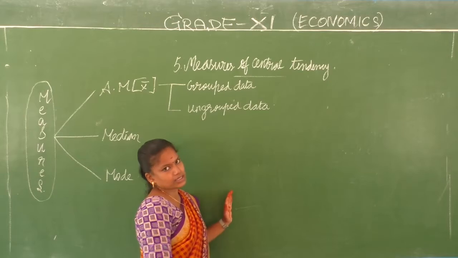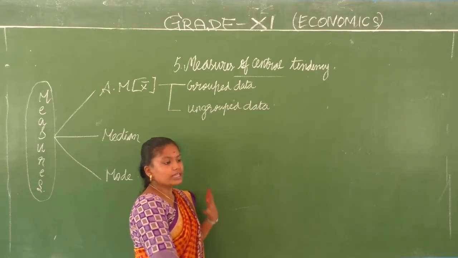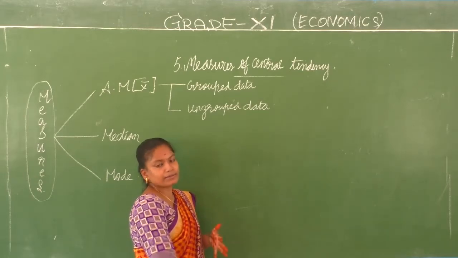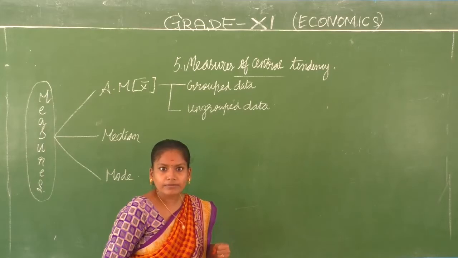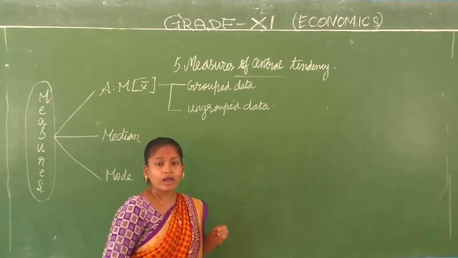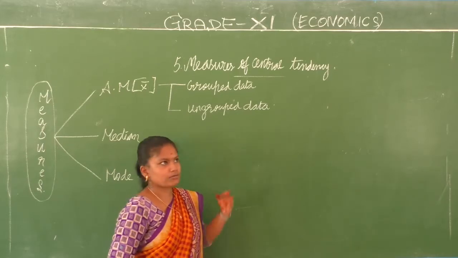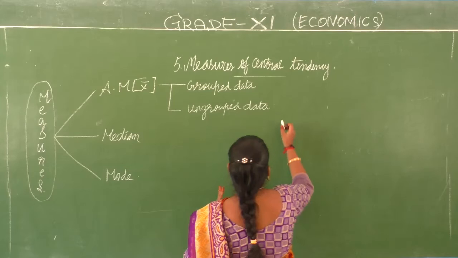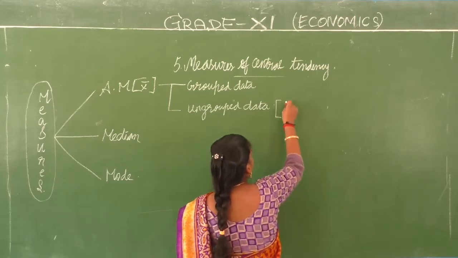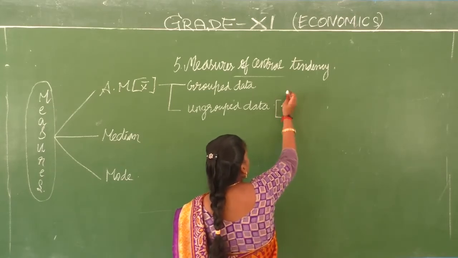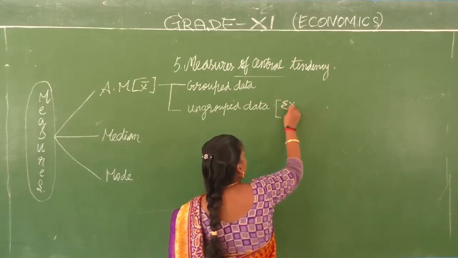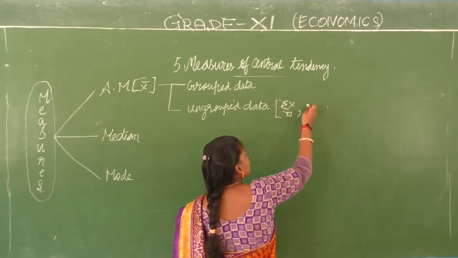The direct data. So you had three methods there to discuss the arithmetic mean: the direct method, assumed mean method and the step deviation method. Do you remember what were the formulas that we dealt with here? We had sigma x by n to find it.